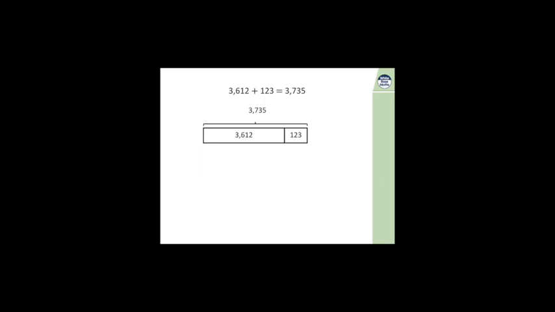Those two parts together make the whole. So some calculations that we could do with it are 3,612 plus 123 is 3,735. That's our original calculation. But some other calculations could be 123 plus 3,612 equals 3,735. So we've just swapped the numbers around there. We still get the same answer.